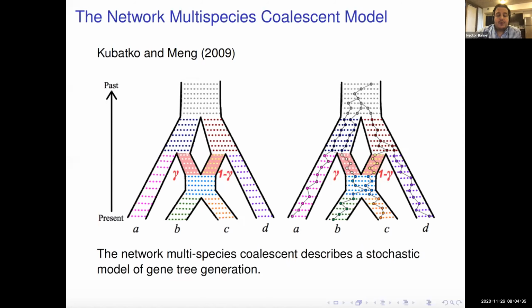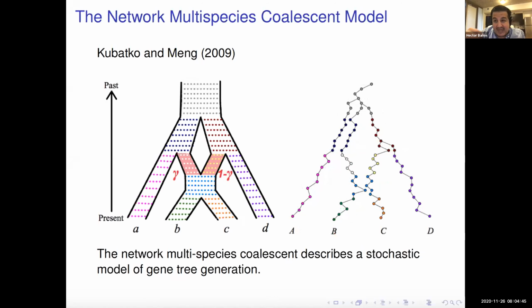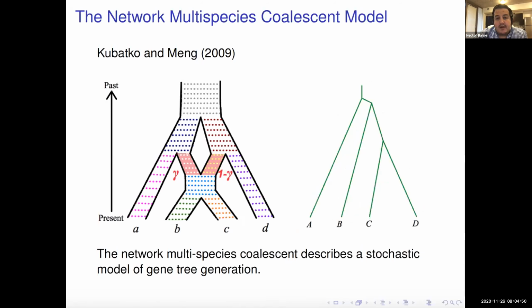So really the network multispecies coalescent model describes a stochastic model of gene tree generation. What we see here is how we can sample a gene tree from a given species network. Okay, so that is the model we're thinking about in terms of gene tree generation.